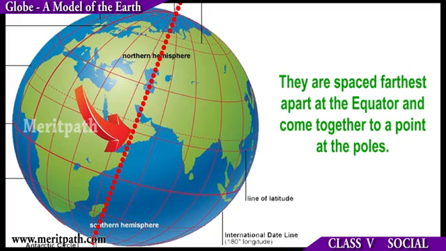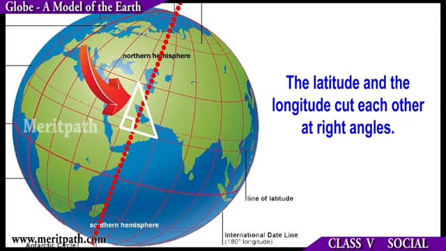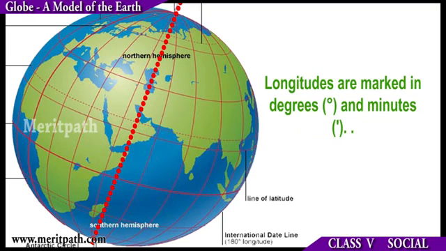They are spaced farthest apart at the equator and come together to a point at the poles. The latitude and the longitude cut each other at right angles. Longitudes are marked in degrees and minutes.